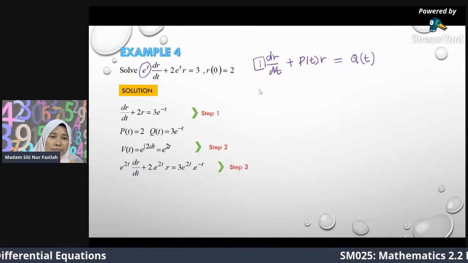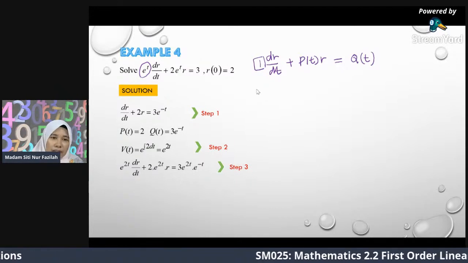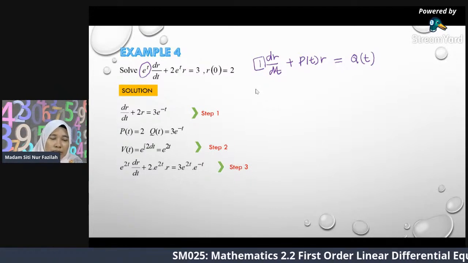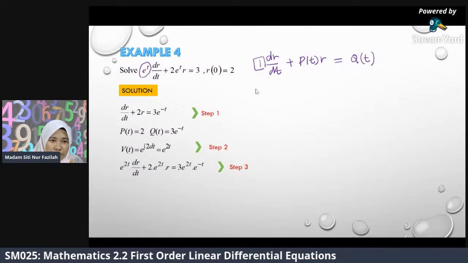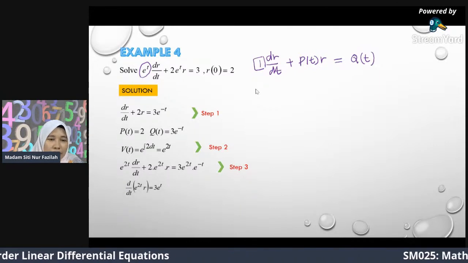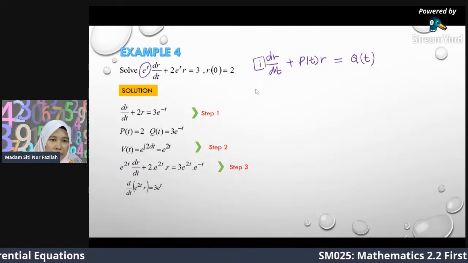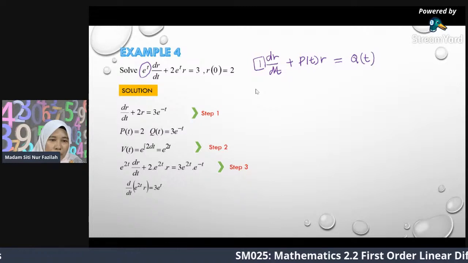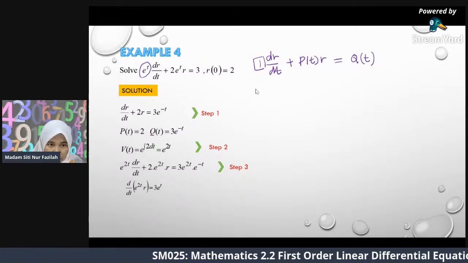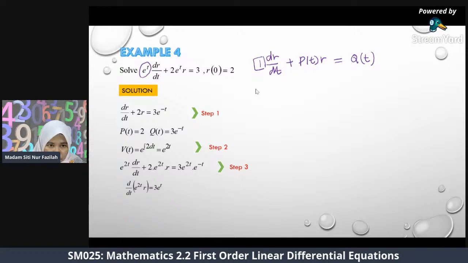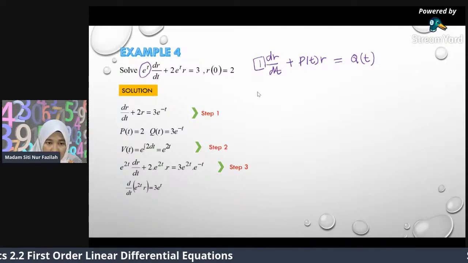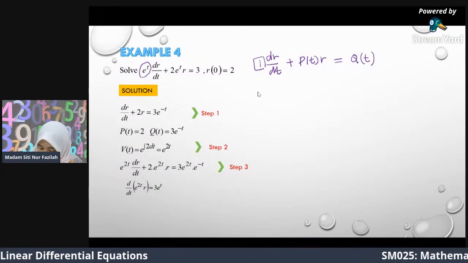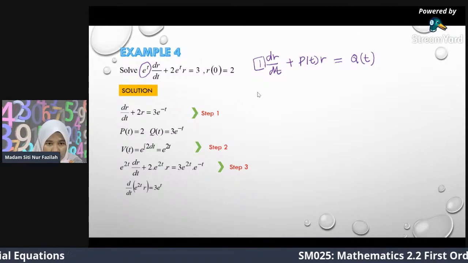And then we need to revise, not d/dx, this one is d/dt. d/dt of v(t) r, because r is the independent variable, so d/dt of e^(2t) r = 3e^t.